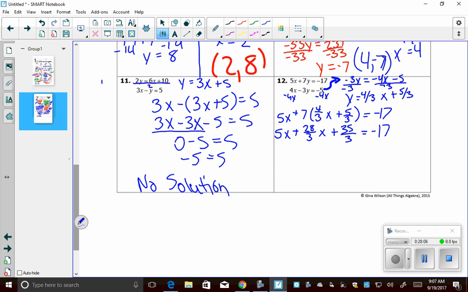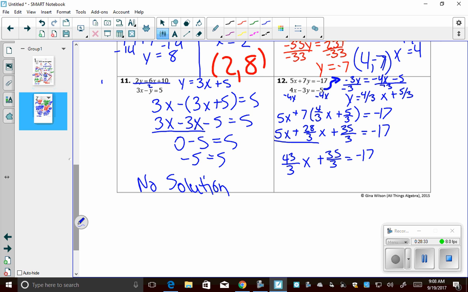After you do that, you're going to combine your like terms. You're going to combine 5x and 28 over 3x. When you combine those, you are going to get 43 over 3x plus 35 over 3 is equal to negative 17. From here, if you notice, both numbers underneath the fraction are 3.